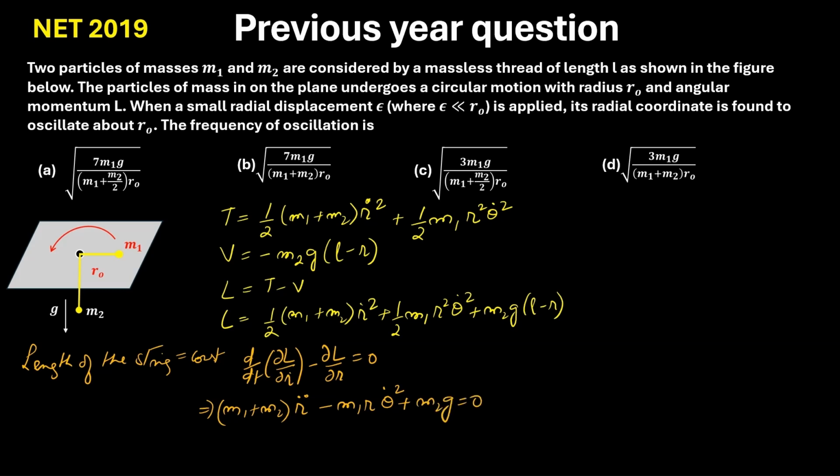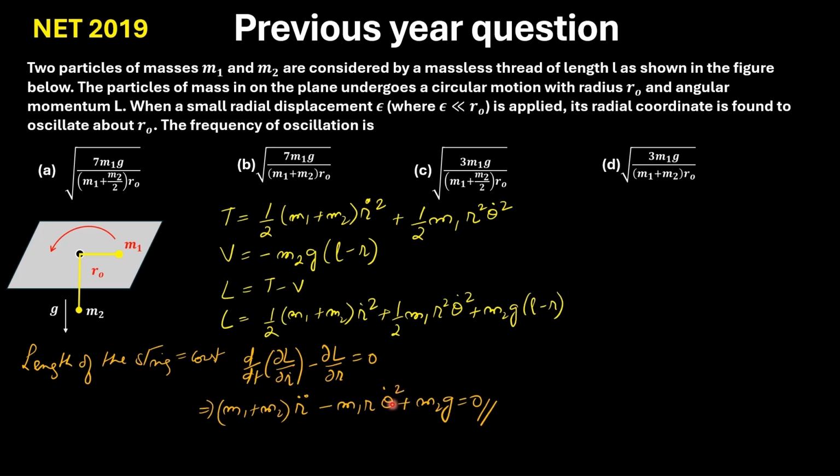This is equal to 0. So this is the equation of motion. Now in this equation of motion, I have this theta dot term. Since it is oscillating in r, somehow I have to substitute this in terms of r.